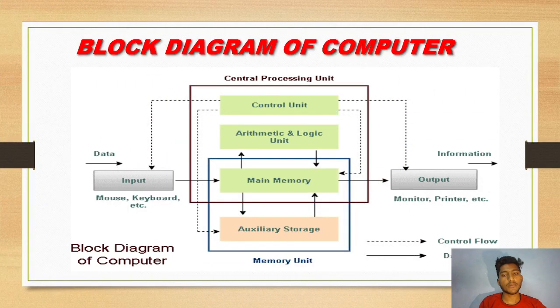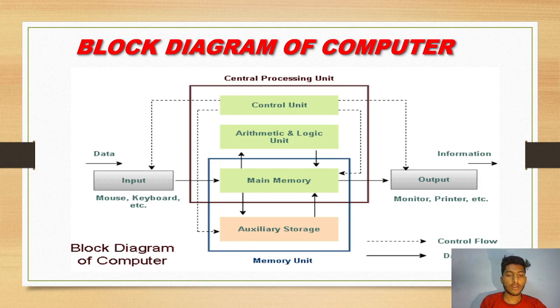In the block diagram of a computer, the data and programs are input and go to the main memory, which is known as primary memory. Next they flow to the auxiliary memory, known as secondary memory.